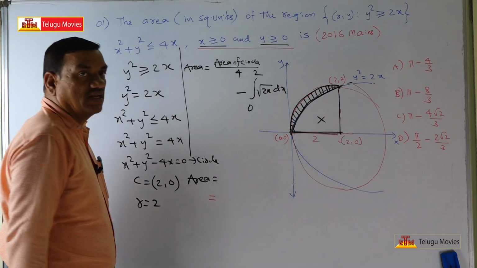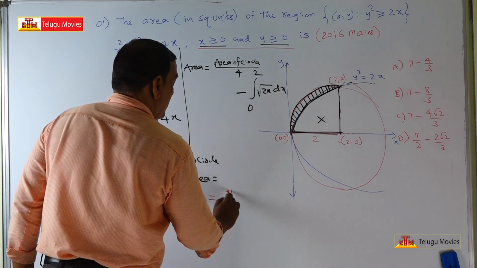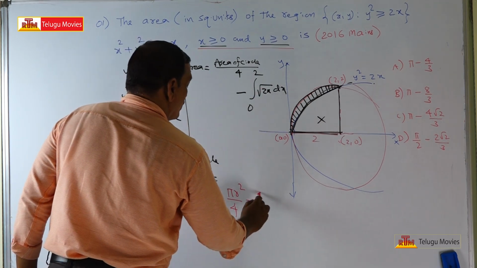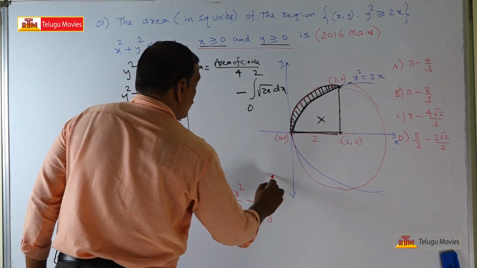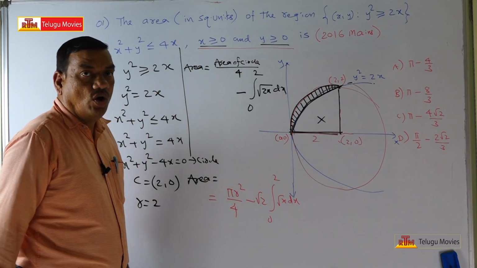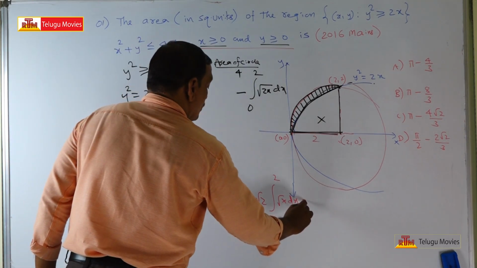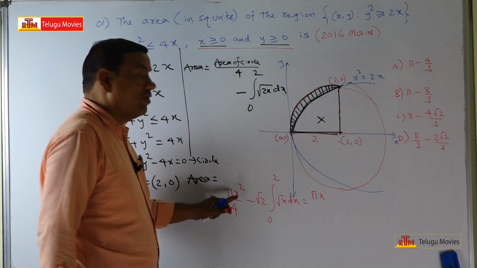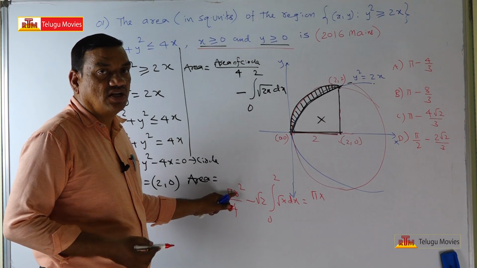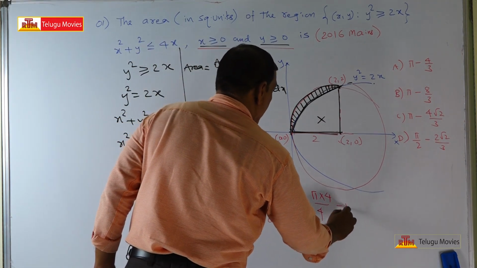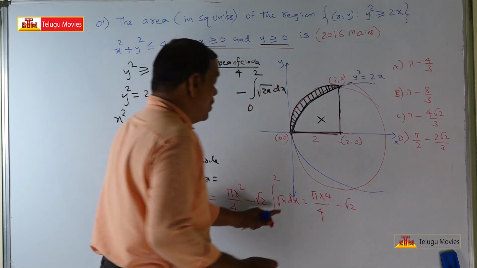What is the area of the circle? Pi r square. Pi r square by 4 minus root 2 taken outside, integral 0 to 2 of root x dx. Now this is equal to pi r square, and r, the radius of the circle, is 2, so 2 square is 4, by 4, minus root 2 into the integral of root x.